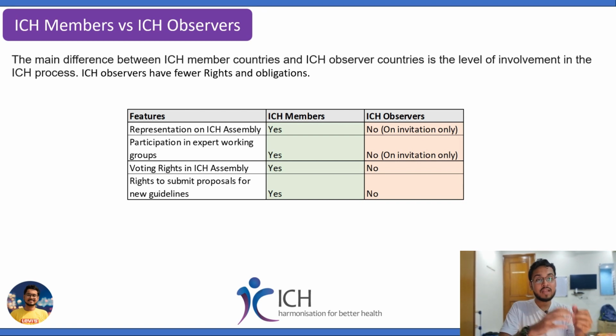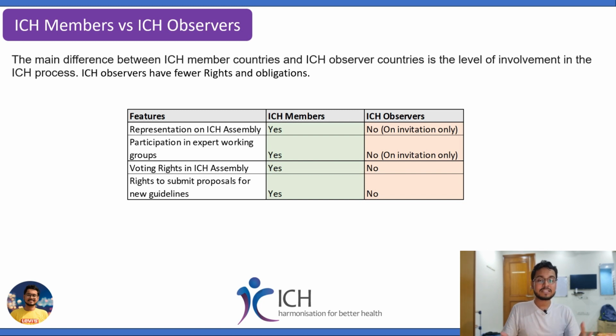For example, the ICH member regulatory agencies have deeper rights and obligations and a higher level of involvement in ICH activities than the ICH observers. For example, representation in an ICH assembly. Whenever there is a very important discussion or assembly going on, only the members are allowed. The observers are not allowed unless they are invited by one of the ICH members.